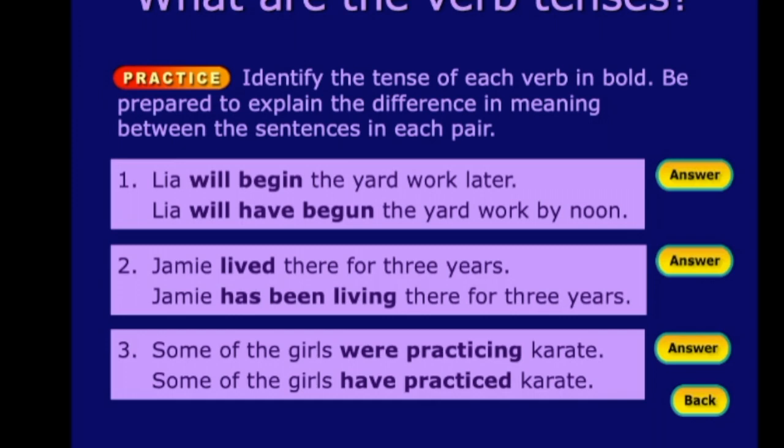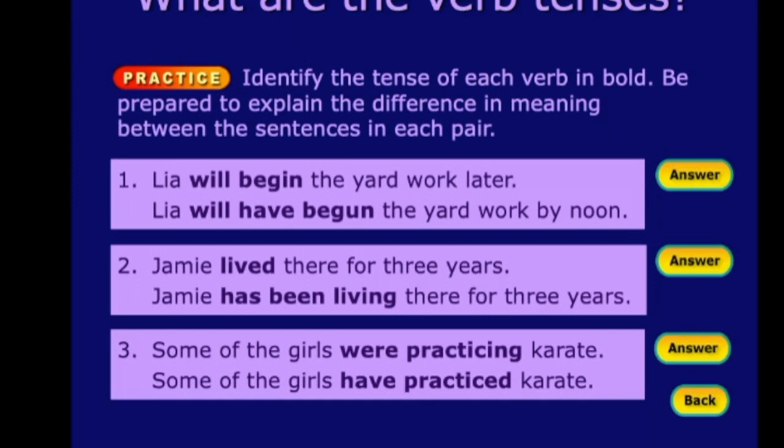Leah will have begun the yard work by noon. Jamie lived there for 3 years. Jamie has been living there for 3 years. Some of the girls were practicing karate. Some of the girls have practiced karate.